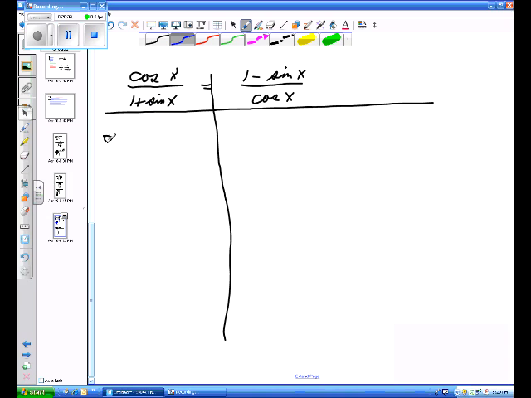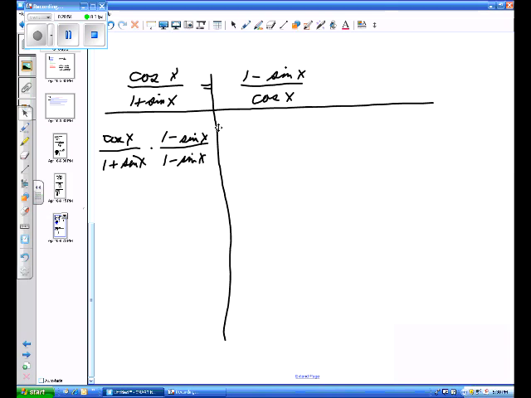But as long as I multiply both the numerator and denominator by the same thing, I can multiply by anything I want. So I'm going to think ahead and multiply by 1 minus sine theta over 1 minus sine theta. That's what I wanted in my numerator, and by multiplying both of them, I've got it in my numerator now.